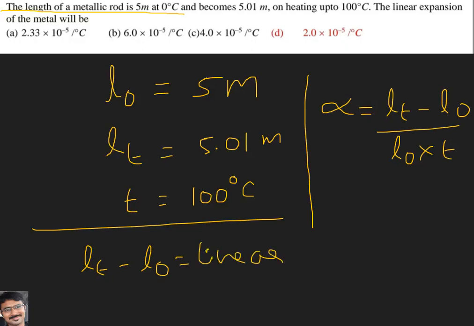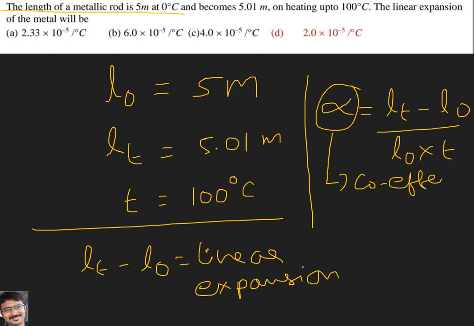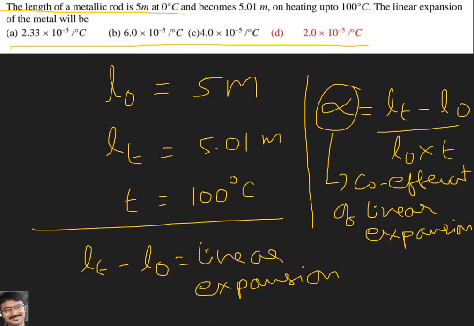Generally, if I don't find options, for finding linear expansion, don't forget, it is simply the change in length. LT minus L naught is called linear expansion. Alpha is not linear expansion. Alpha is called the coefficient of linear expansion, which is very dangerous, because as per the options, I thought it is alpha.